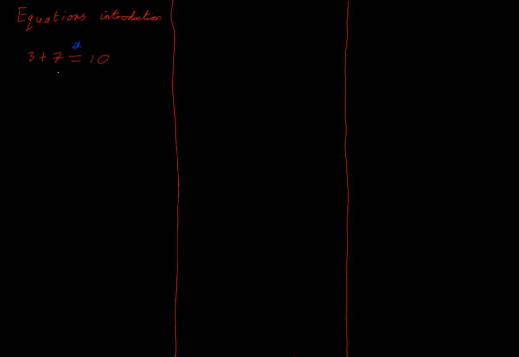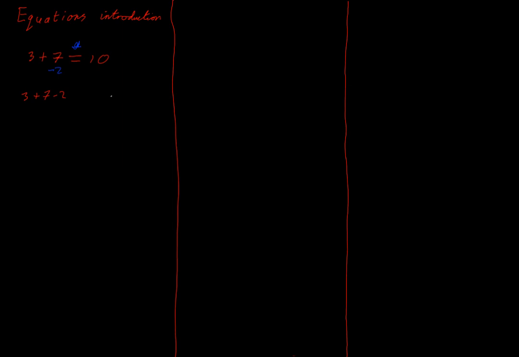So we're all happy that 3 plus 7 is equal to 10. But what would happen if I decided I wanted to take 2 away from this left hand side? Well, what does the problem become? It becomes 3 plus 7 minus 2.